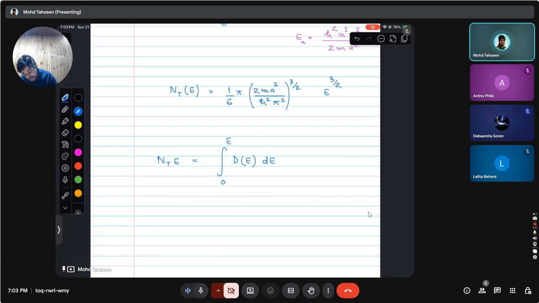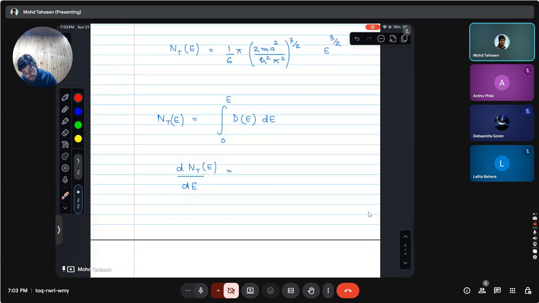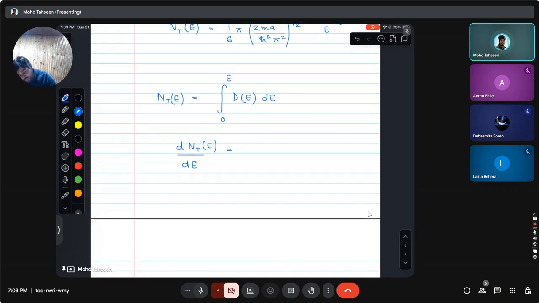And if we differentiate both sides, d of E should be dN_T of E divided by dE. So how do we differentiate this right hand side? We can use the Leibniz rule.